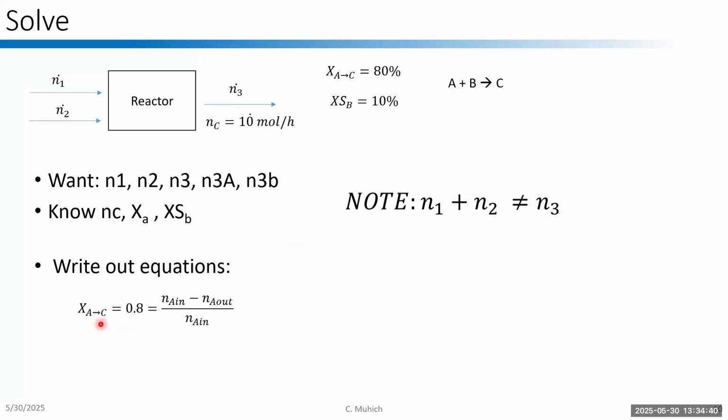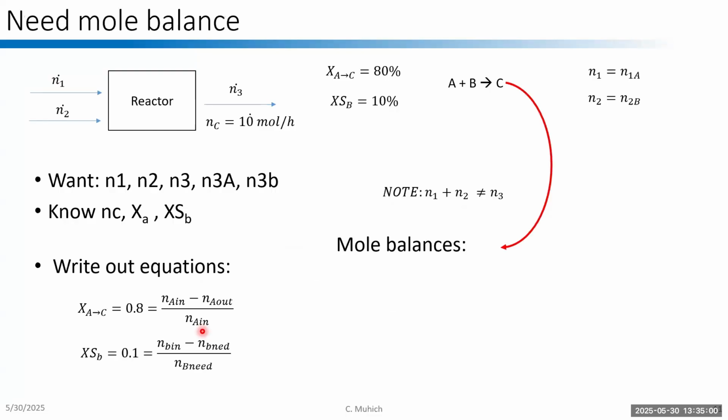So I know that the conversion of A to C is 80%, so that's N in minus N out over NA in. I know that the excess was 10%. I'm going to assume that stream 1 is fully composed of A and stream 2 is fully composed of B.